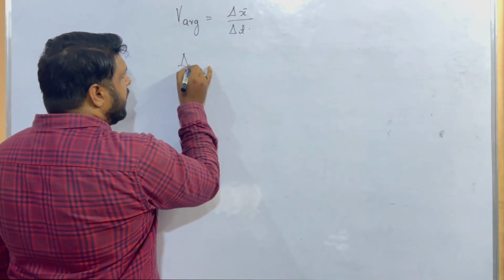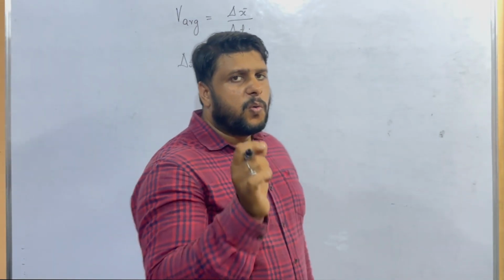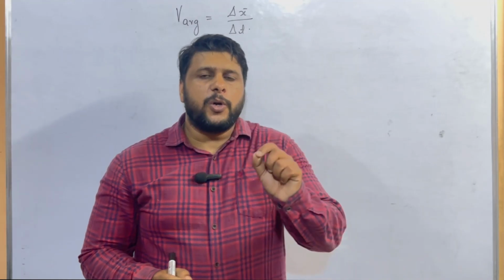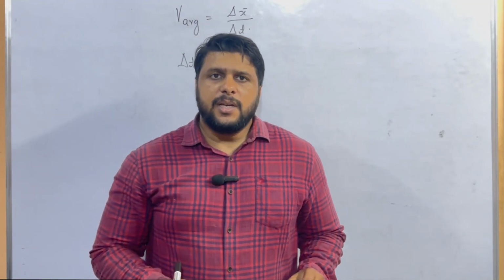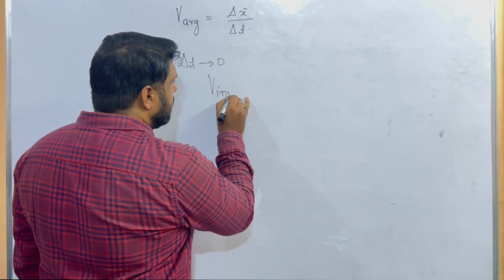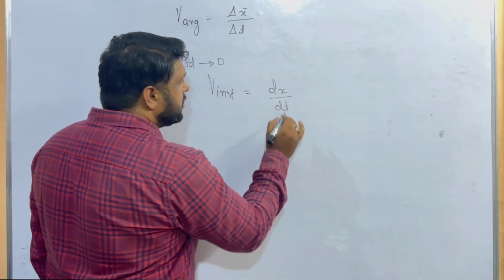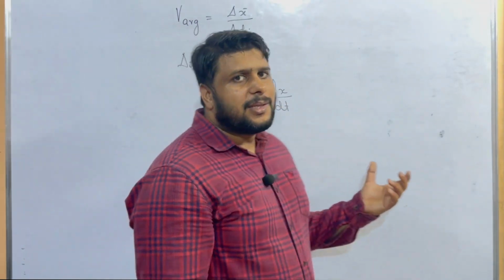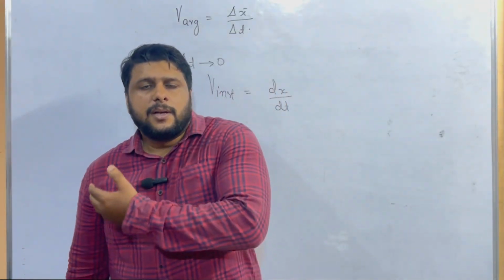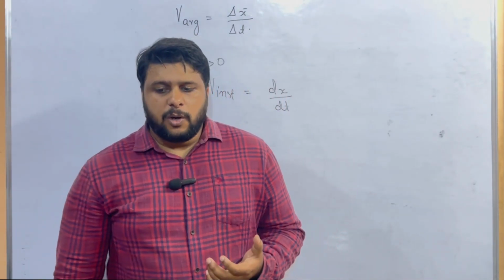Here when del t tends to 0, meaning it is very near to 0, we are going to talk about a particular instant. So it becomes v instantaneous and it is written as dx by dt. It is easy. All the other concepts, like your direction, stay the same. I hope it's clear.